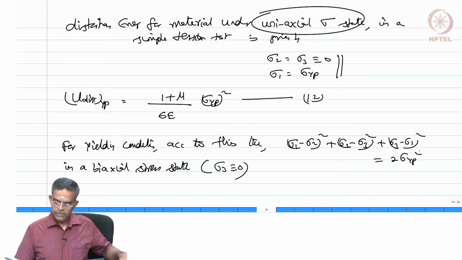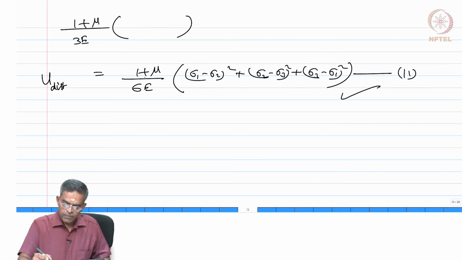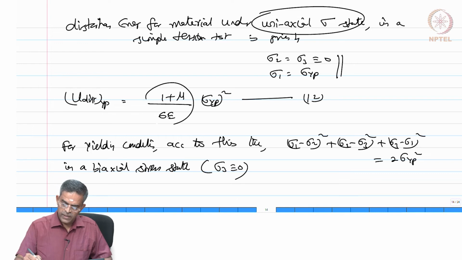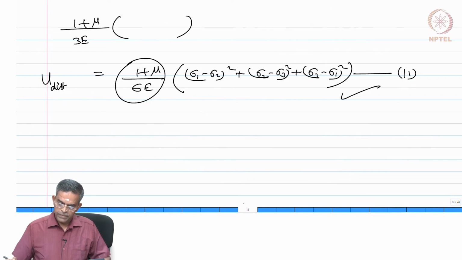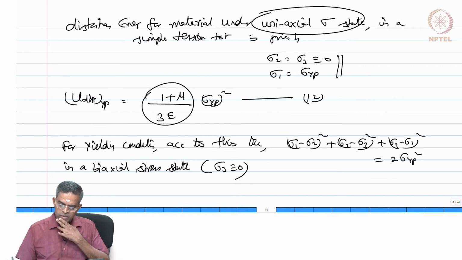How do you get this? It is very simple. This is (1 plus mu) by 6E here and this is (1 plus mu) by 6E, okay. Oh, this is going to be 3, I am sorry, okay, this is going to be 3.